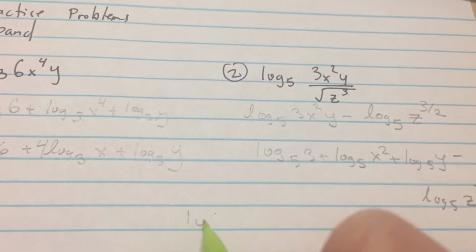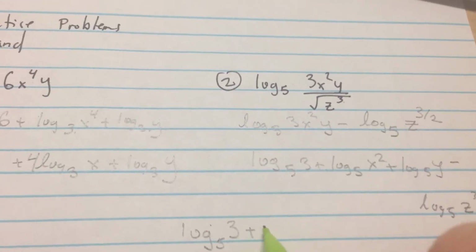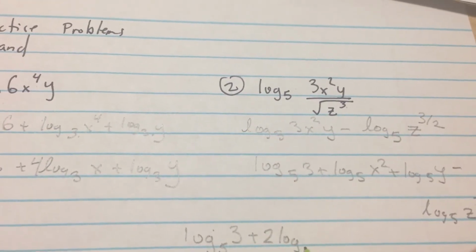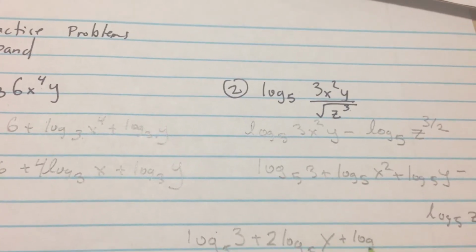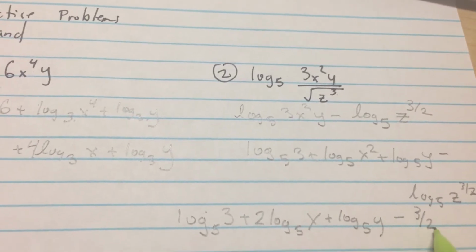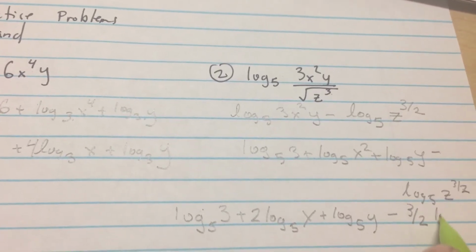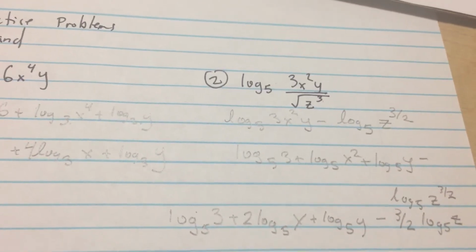So your answer should read this. Log base 5 of 3 plus 2 log base 5 of x plus log base 5 of y minus 3 halves log base 5 of z.